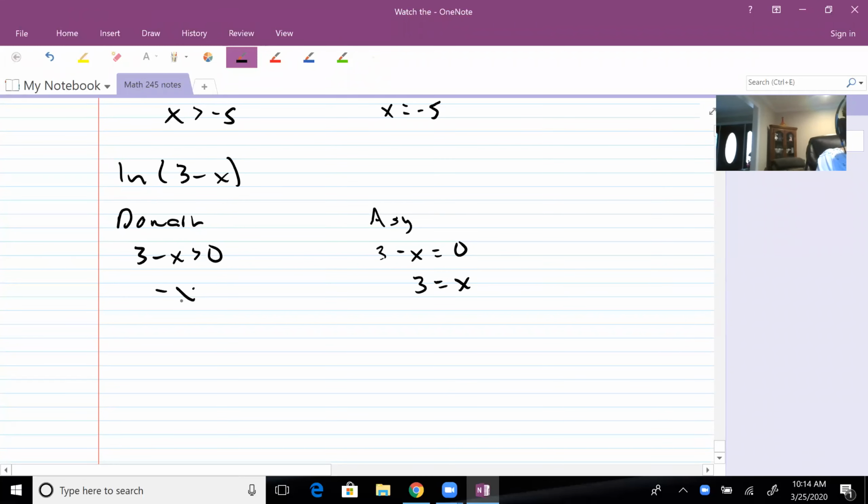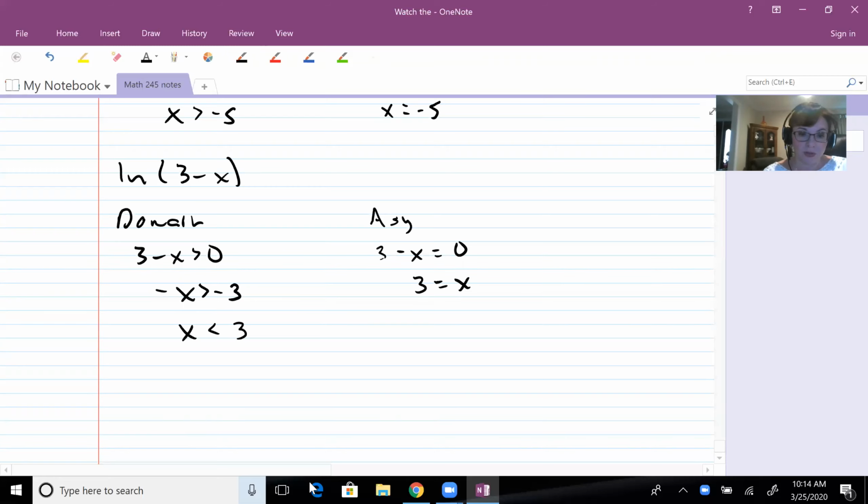I want that x to be over on the left-hand side, so I'm going to move the 3. And then anytime you have a negative quantity in front of your x, you've got to take the opposite of each term. So the opposite of negative x is positive x, the opposite of greater than is less than, and the opposite of -3 would now be a +3. So any value smaller than 3, I could actually type in the calculator and get an answer, but at 3 is where I've got that guiding line.